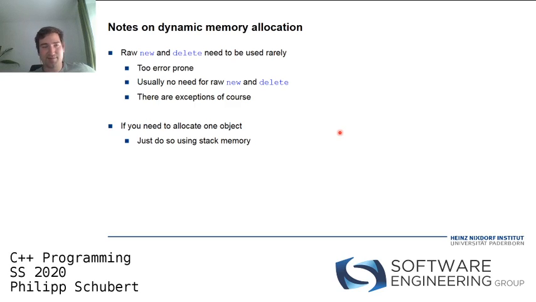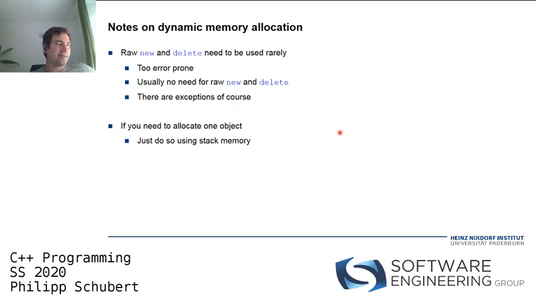A typical CS1 lecture covers that, hopefully. So if you allocate on the stack, which we usually do if we don't use new, you allocate by just increasing the stack pointer, which is basically one command, and then you have space on the stack. Allocating on the stack is really, really fast.